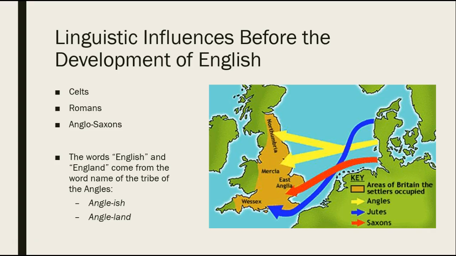By about 400 CE, when they were experiencing pressure from Germanic peoples across the empire, the Romans pulled out of Britain. The Celts, then, no longer having the protection of the Romans, invited Germanic mercenary soldiers from Europe to come and protect them. And these mercenaries came from 3 tribes, the Angles, the Saxons, and the Jutes.